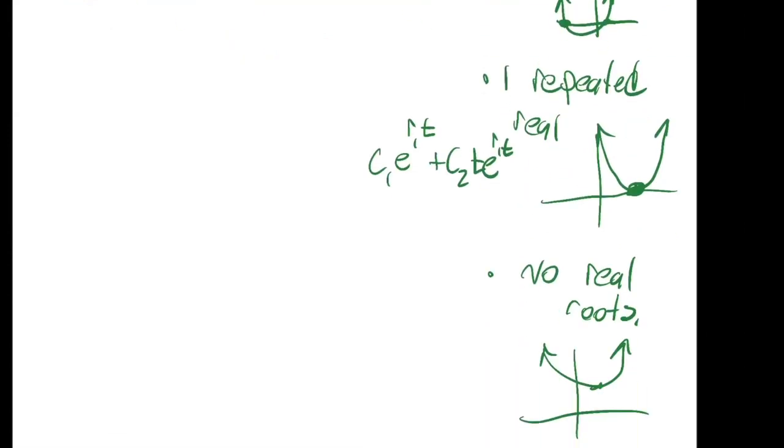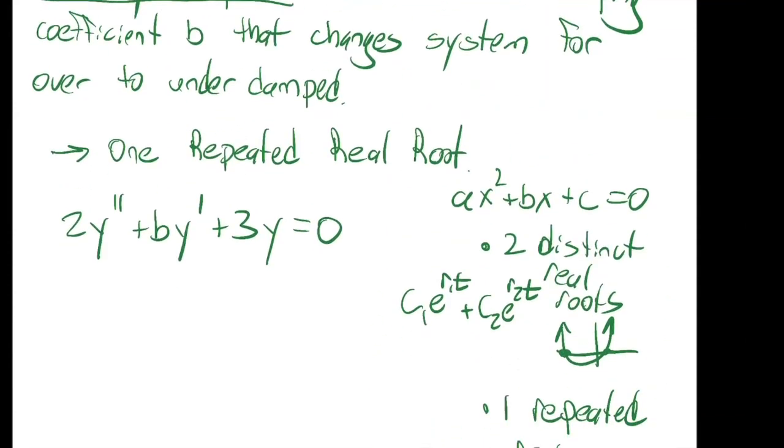And then when we had no real roots, that's when we had Euler's formula and the e's and the sines and cosines and all that. So what is going to determine whether we have real distinct, real repeated, or complex roots is what we call the discriminant when we're calculating the roots using the quadratic formula.